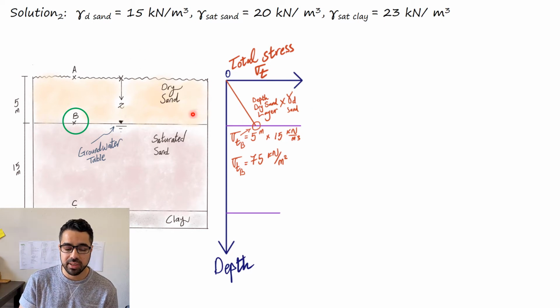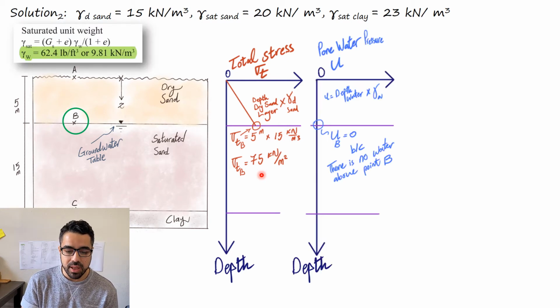Density is the dry sand density, 15, times the depth, 5 meter. What depth? From the surface to the point you are interested to find the stress at. So 5 times 15, 75. We're done with the total stress.